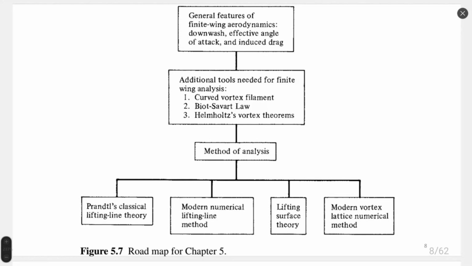And the modern vortex lattice numerical method, just as an introduction, allows us to calculate practically any shape of aerodynamic three-dimensional body and obtain lift over these complex shaped bodies, not just the wing by itself. So the complexity increases step by step, from Prandtl's classical lifting line theory for the simplest wing to any shape with a modern numerical method.